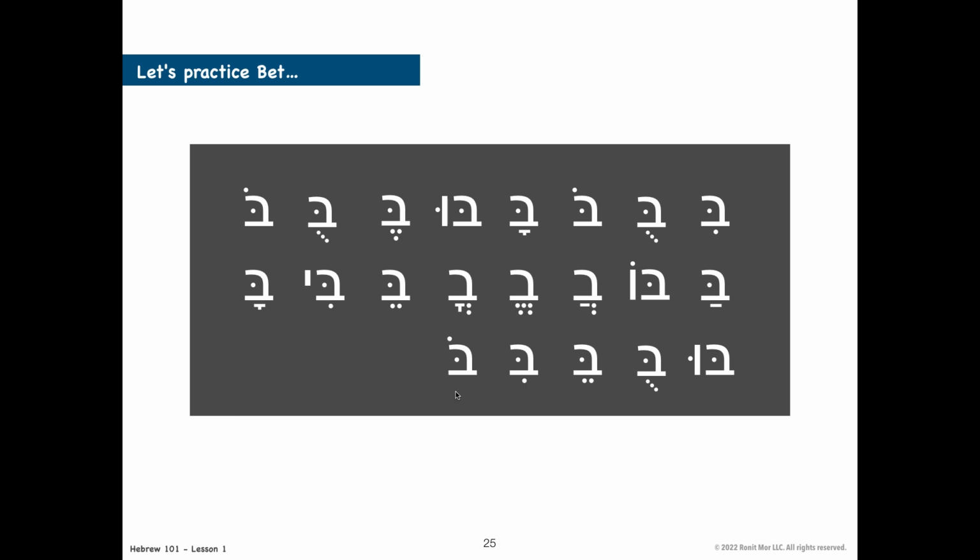Yes. Good. This one, bo. Yes. You got it. Now we have bet again without the dagesh, without the dot in the middle. Va. This one, va. And this one, va. Yes. Good. You see, you can read Hebrew.